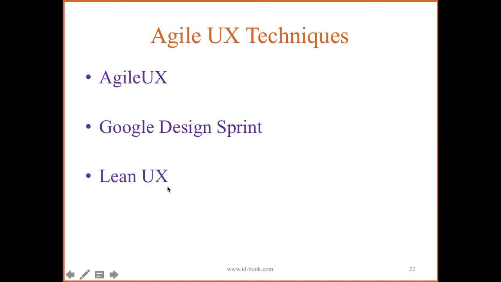Lean UX is quite new because it involves use case explorations, and it was originally introduced from the Toyota manufacturing model. It involves agile development methods as well, and of course it can reduce a lot of time. The aim of Lean UX is to maximize or optimize the manufacturing time.